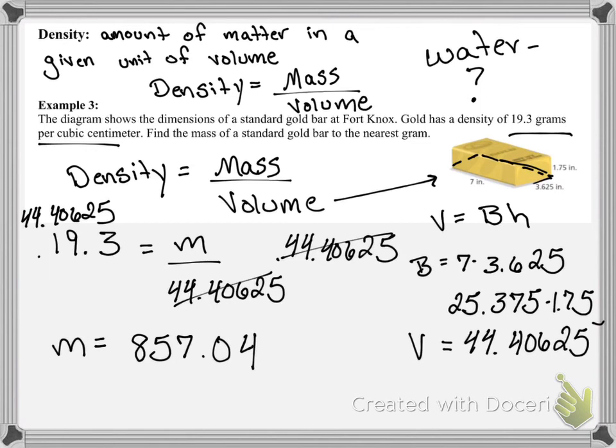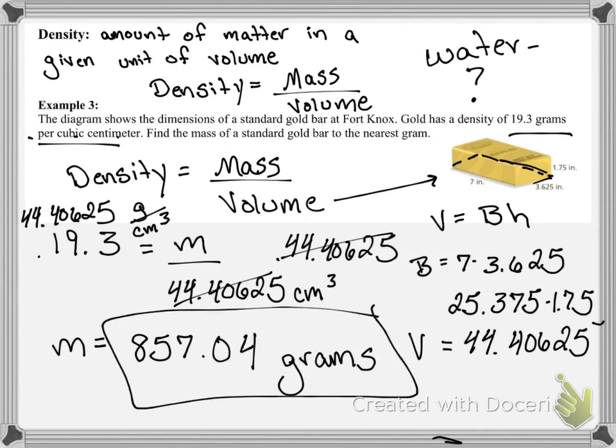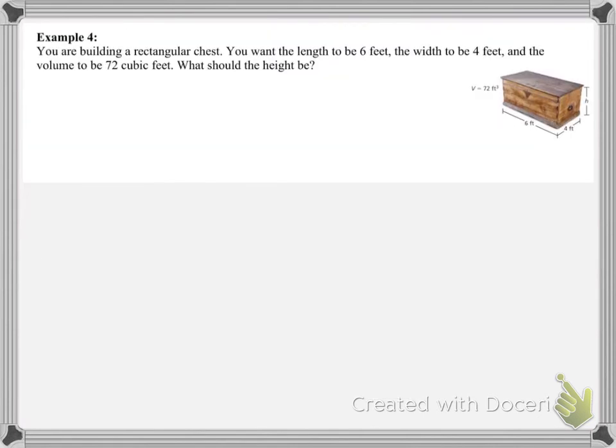The density is in grams per centimeter cubed and the volume is in centimeters cubed, so that mass would be in grams: 857.04 grams. Okay, one last one.